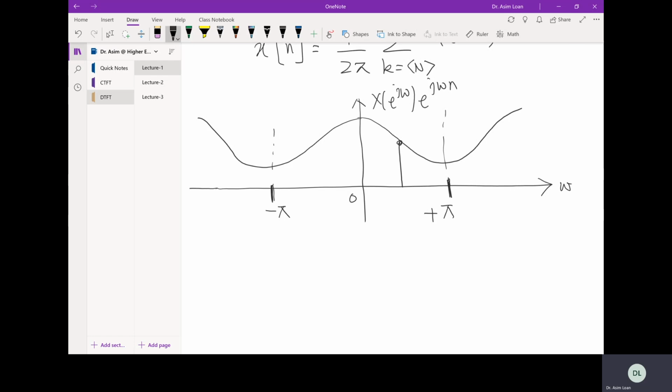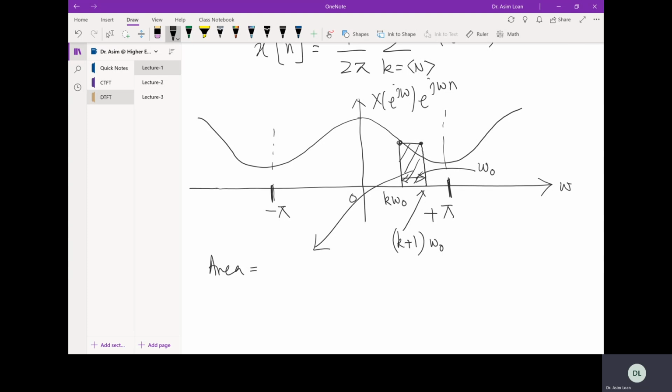This point is k omega naught, and just like before, we find this area. This point is k plus 1 omega naught, and this area is this width. This width is omega naught.